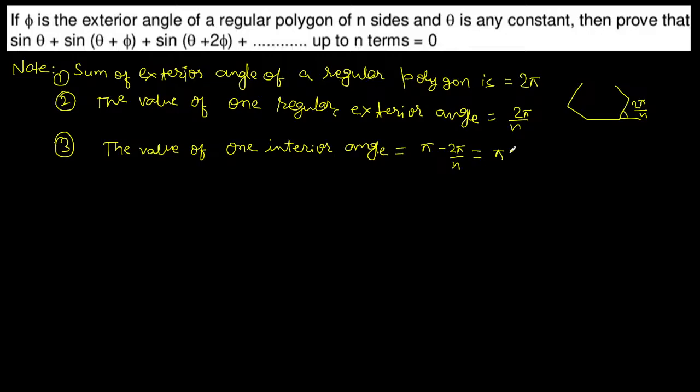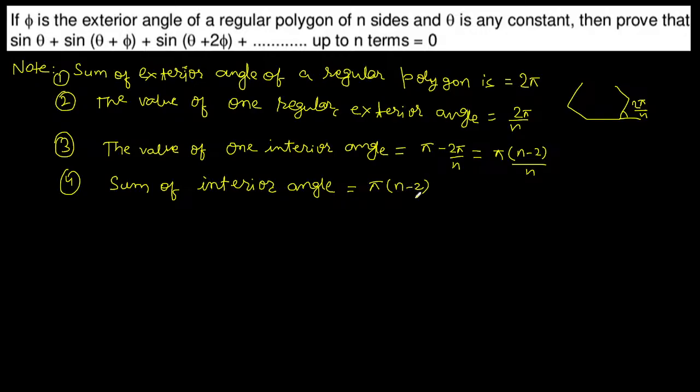You can see that it is pi into n minus 2 by n. And fourth, the sum of interior angles is equal to pi into n minus 2. Okay, these are a few notes.